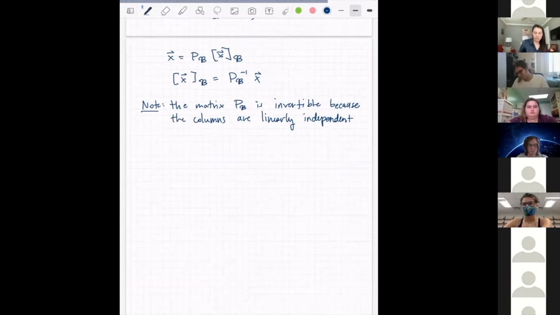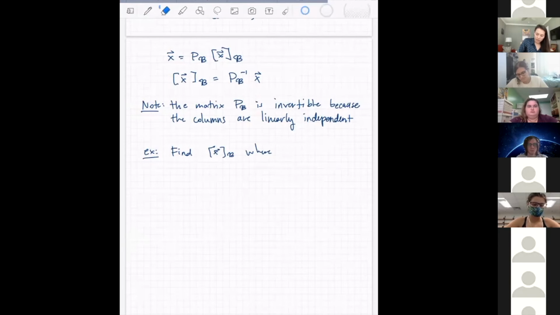So let's go ahead and do an example where we're using this. Find the B coordinate vector of x, where x is -2, 1, a vector in R2, and the new basis we want this in terms of is 1, -3, and 2, -5.